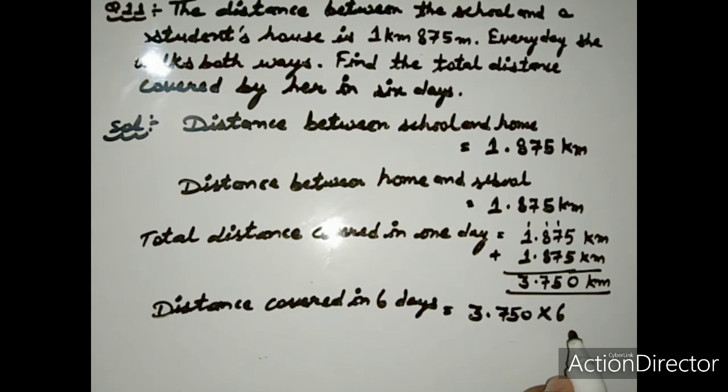3.750 multiplied by 6. So here when we multiply 3.750 by 6, we get 22.500 kilometer, and we say that 22 kilometer 500 meter.